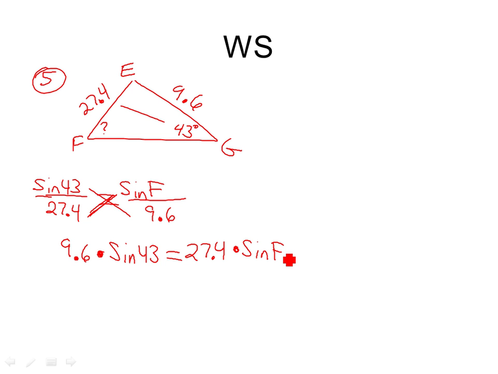We're trying to get sine of f, that's our variable, by itself. What do you got to get rid of? And how do you get rid of that mathematically? Divide both sides by 27.4. These cancel, you're left with just sine f over there.